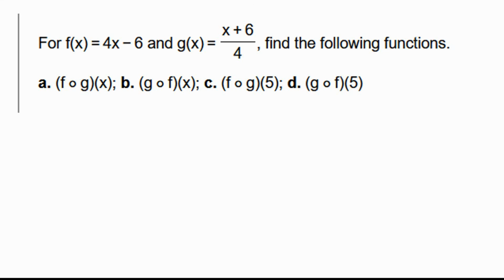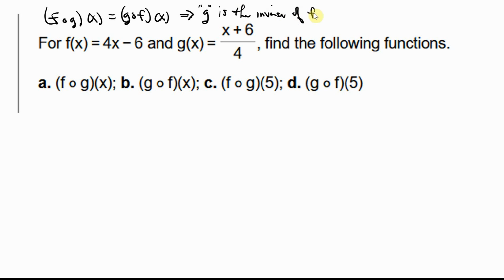When we get to the section on inverses, that will be explained. That is, f composed with g evaluated at x is equal to g composed with f evaluated at x. This implies that g is the inverse of f.